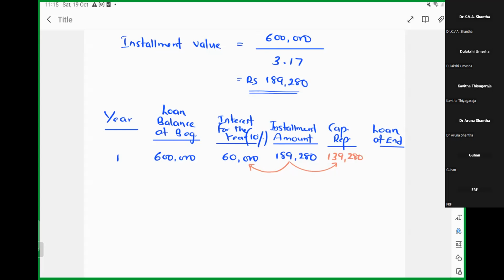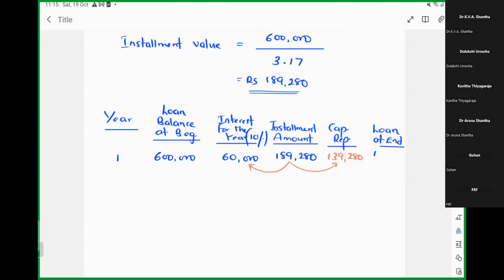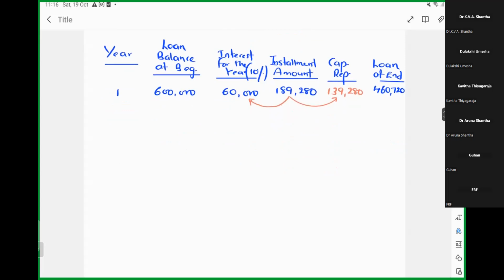Then loan balance at the end: beginning loan balance 600,000 minus capital repayment gives 460,720. That is the loan balance at the end of the first year.